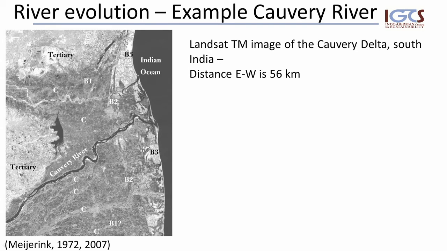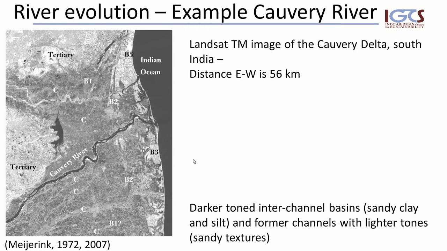This is today's channel, and the Indian Ocean here in black. And we have various tertiary formations here, which are very visible, and sedimentary formations, grayish white, in those areas between the ocean today. This whole picture has a width of about 56 kilometers.